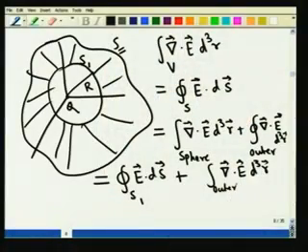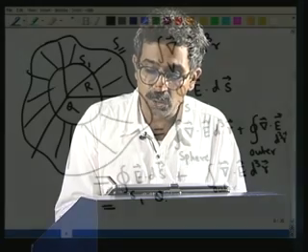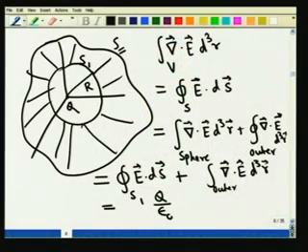So, we are almost mimicking, repeating the arguments for this particular example. And what is integral E dot ds for the inner surface S1? Well, remember, E is nothing but q over 4 pi epsilon naught r squared. Therefore, this is going to be q over epsilon naught. That is what we have.